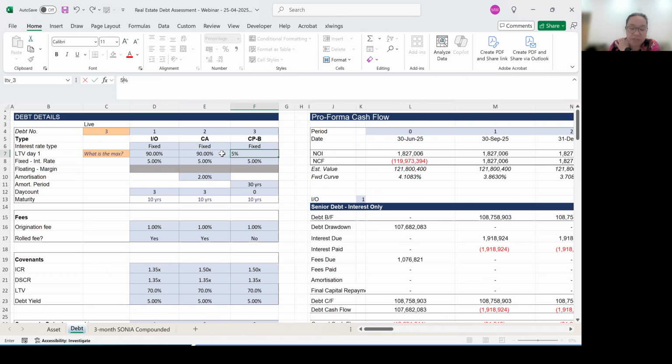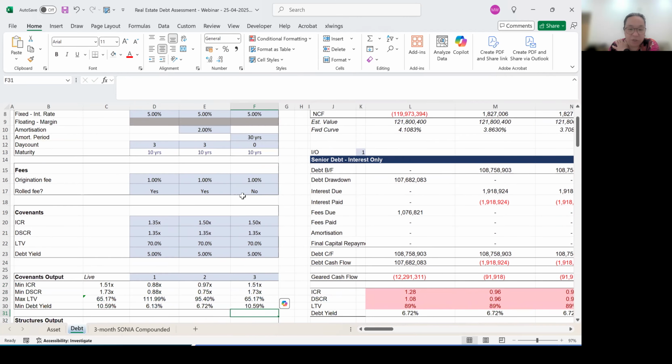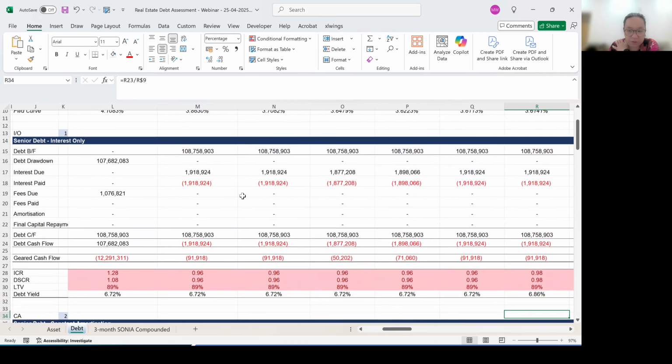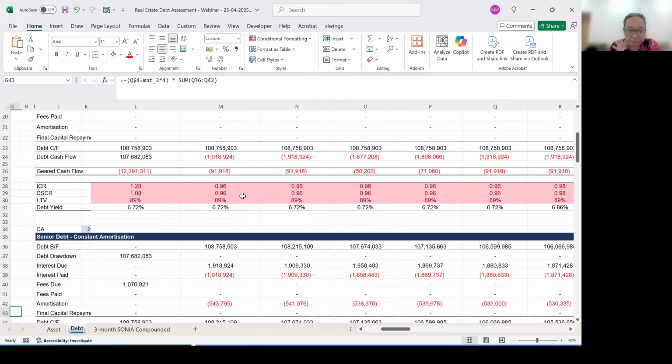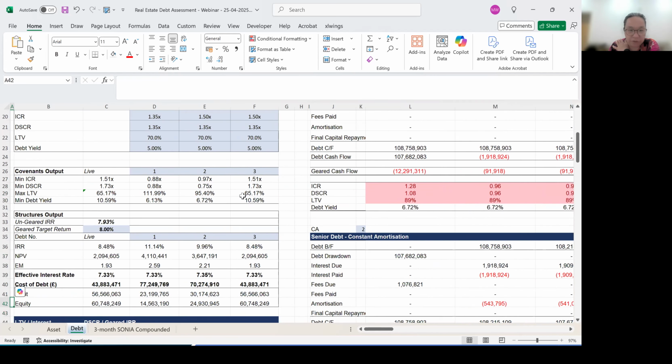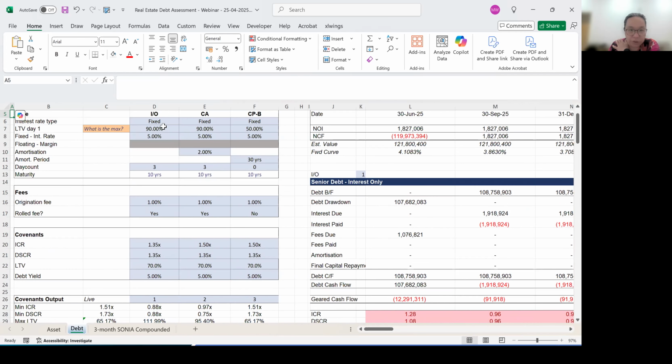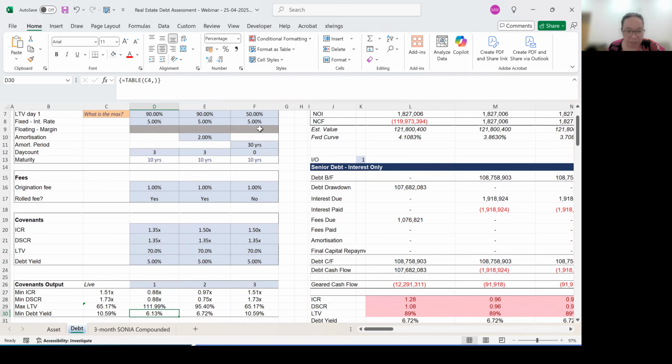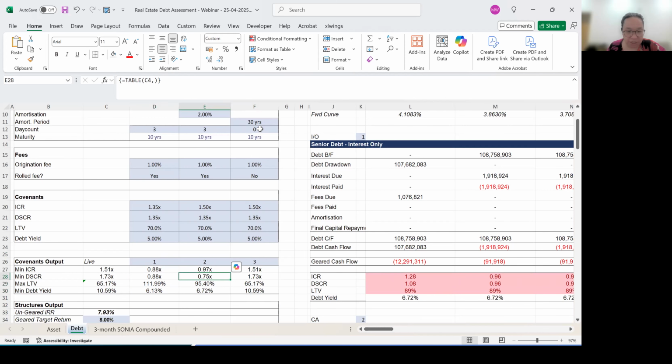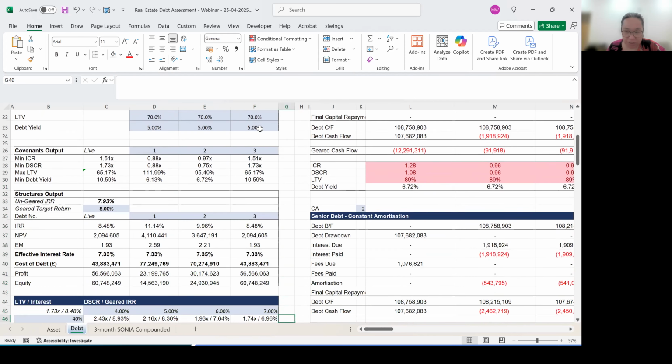So say, what happens if I borrow here at 50% loan to value? So what's going to happen? There's something weird going on here. But for example, if you're going to borrow 50%, then your maximum ICR is going to be 1.5, and then your DSCR, normally your DSCR should be lower.